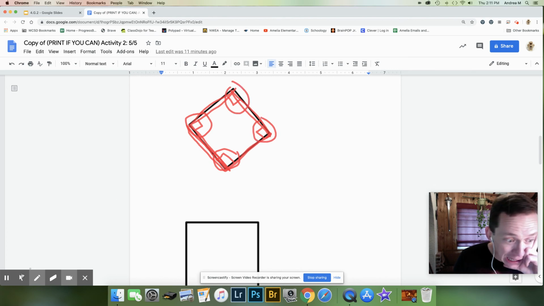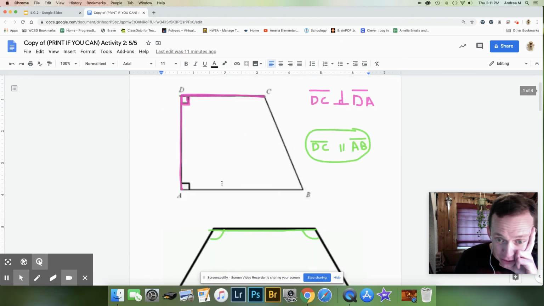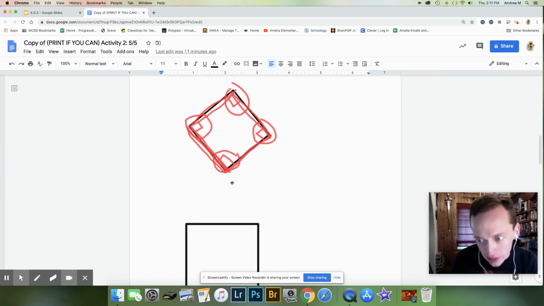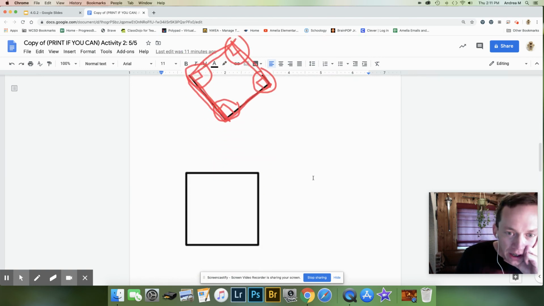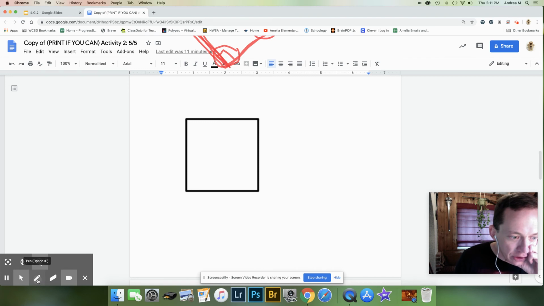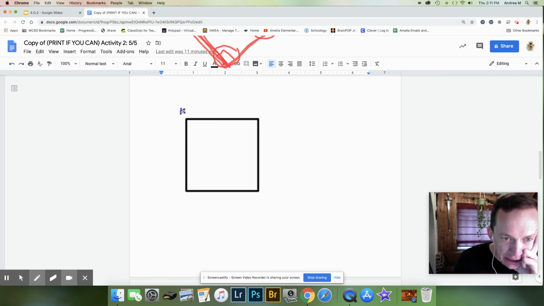You cannot make a trapezoid with four right angles, because if you do, you're going to make a square or a rectangle, right? You change it. All right, let's look at this one. Let's get some labels here so we can talk about this. Let's call this T, this is O, this is M, and then Y, right? Okay, cool.